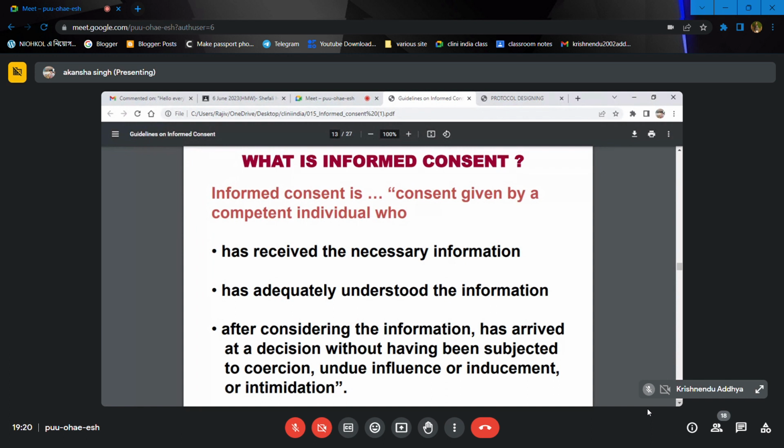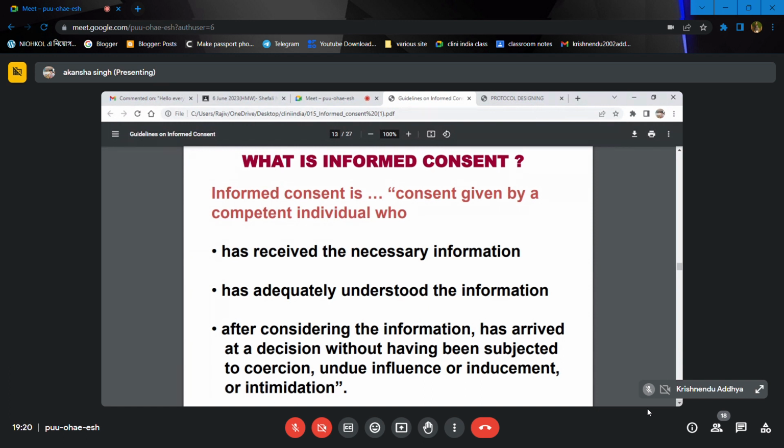Everything has to be explained to them. While consenting, the document gives this information and more. Whatever process or knowledge they want, we have to discuss. If they have any questions or queries regarding the trial, it is the responsibility of the research team member to provide all the necessary information to the participants.